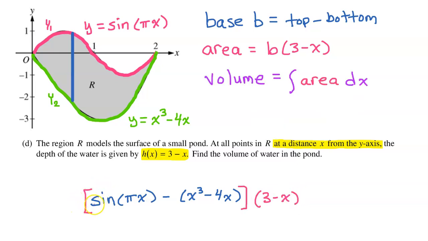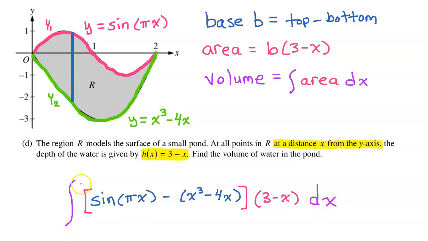So now we have an expression for the area of a single slice. The last step is to turn it into an expression for the volume by integrating the area. When you integrate the area, you are adding up all of the slices, and that gives you the volume. So I simply need to take my expression for the area and integrate.